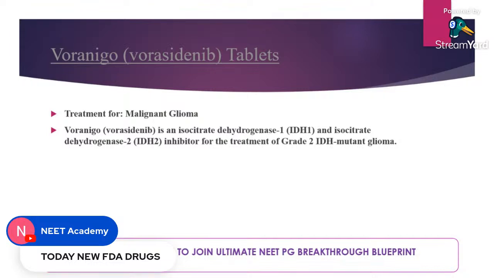Vorasidenib is an isocitrate dehydrogenase 1 and isocitrate dehydrogenase 2 inhibitor for treatment of grade 2 IDH mutant glioma.